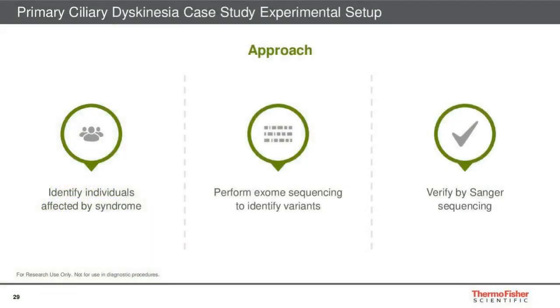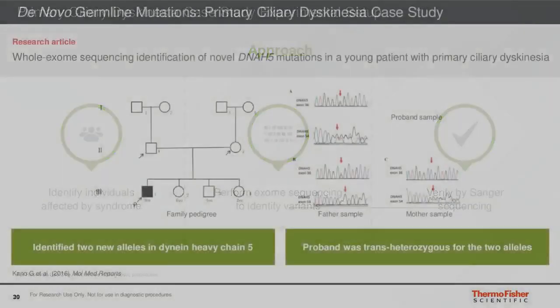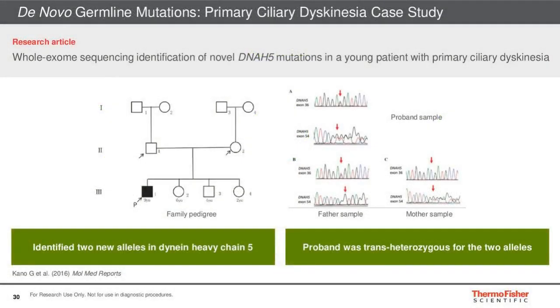In this paper, the workflow began with discovery-based research using whole exome sequencing, followed by verification using Sanger sequencing. In this study, the researchers isolated DNA from the affected individual and the parents.